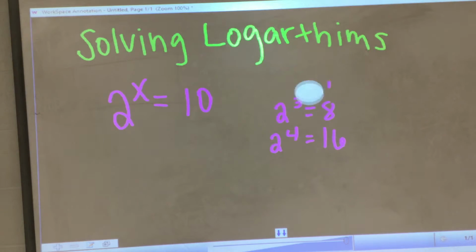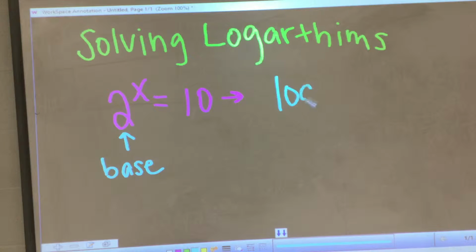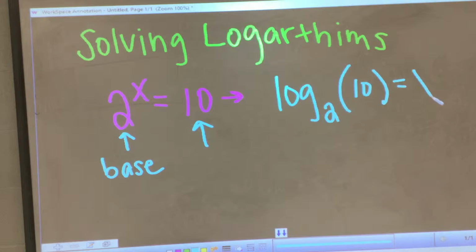Okay, so to do this, we're going to rewrite this using a log. Okay, so the base for this problem is 2. So the logarithm is log base 2 of what it's equal to, 10, equals x.